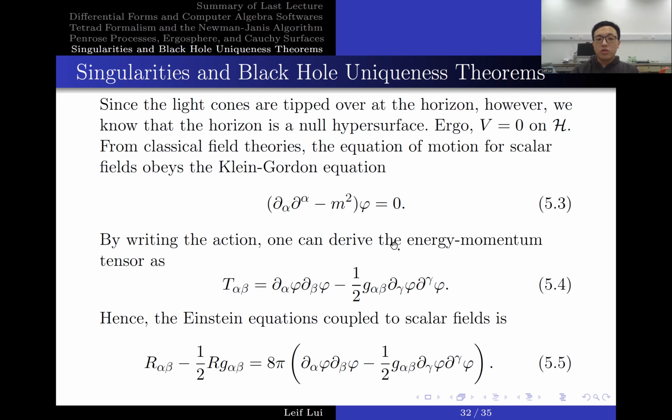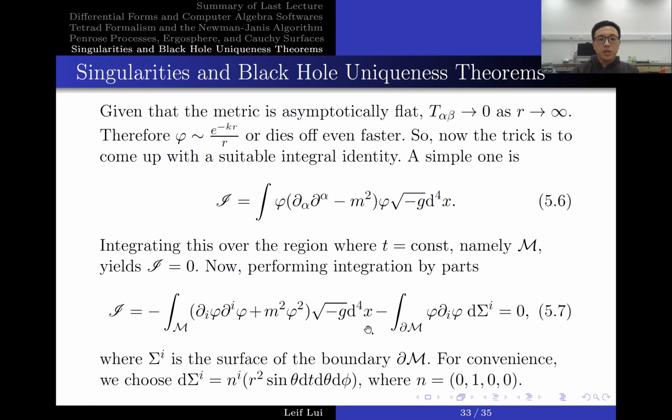By writing the action, one can derive the energy momentum tensor, and it is written as follows, and hence the Einstein equations coupled to scalar fields are given by the following expression. So given that the metric is asymptotically flat, the energy momentum tensor approaches 0 as r approaches infinity, and hence the scalar field must be asymptotically proportional to this and must die off even faster.